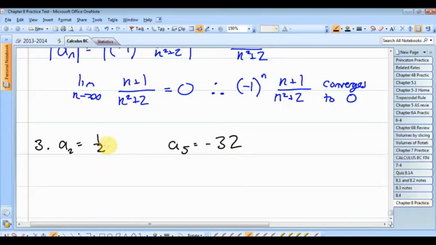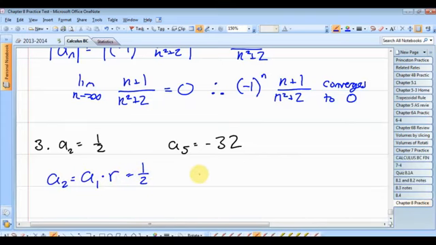How many r's do I need to multiply to get to 32? Never mind, let me start this over again. A2 was equal to A1 times the ratio, and that's equal to 1/2.